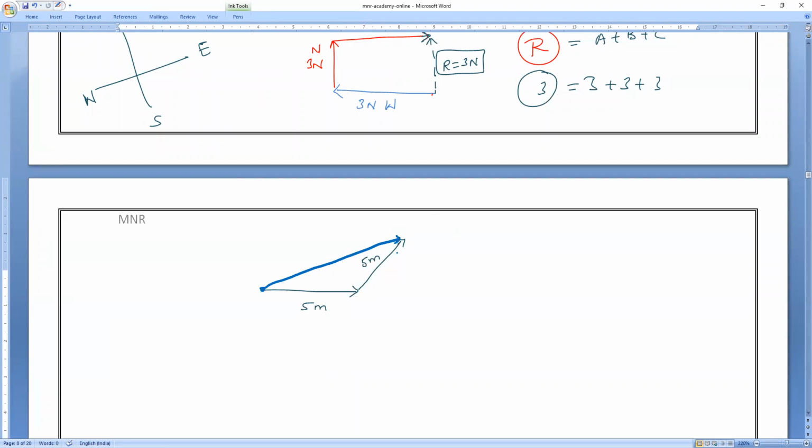But here, for example, it goes 5 meters east, and then 5 meters at 60 degrees from east. What is the angle here? 60 degrees. So now I want to find the resultant R.